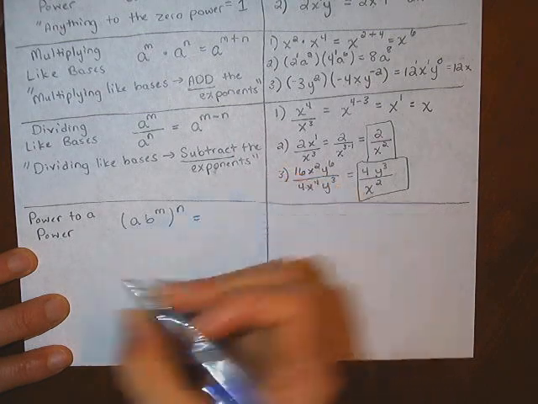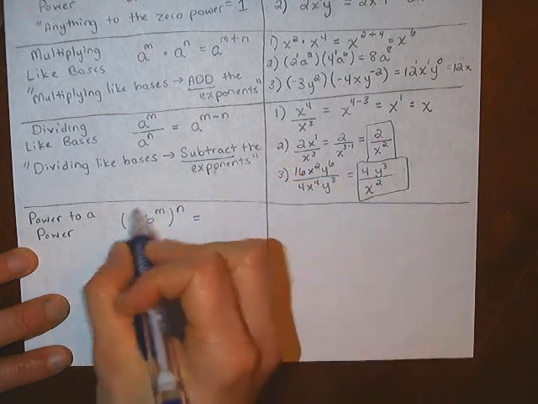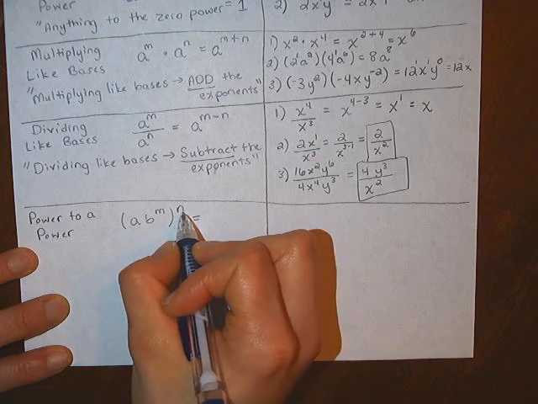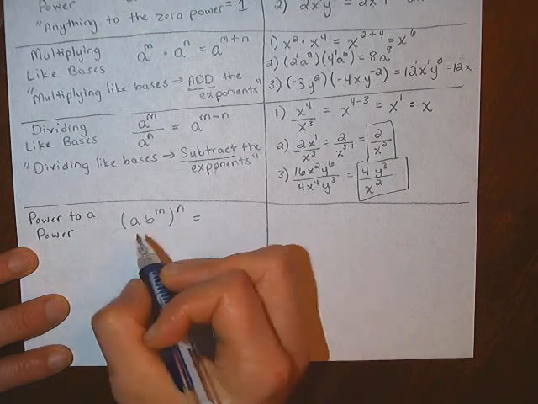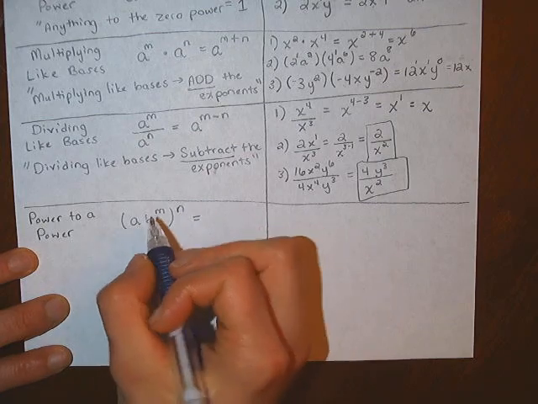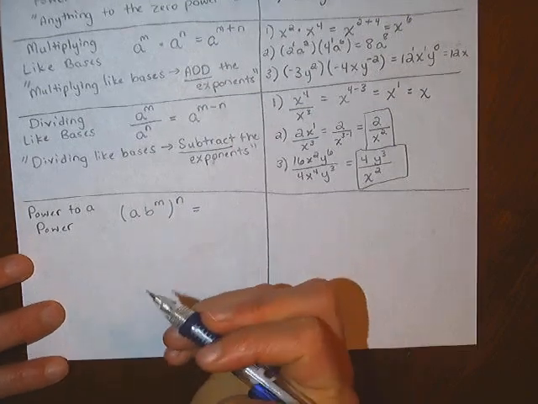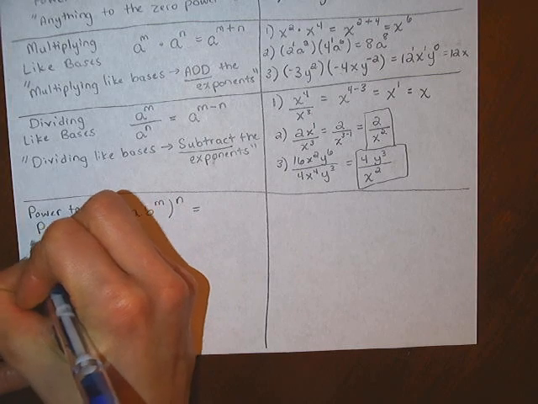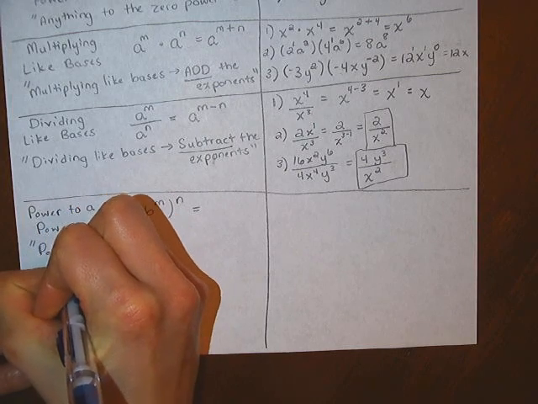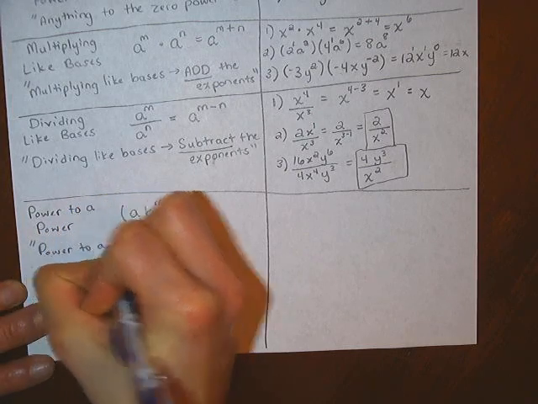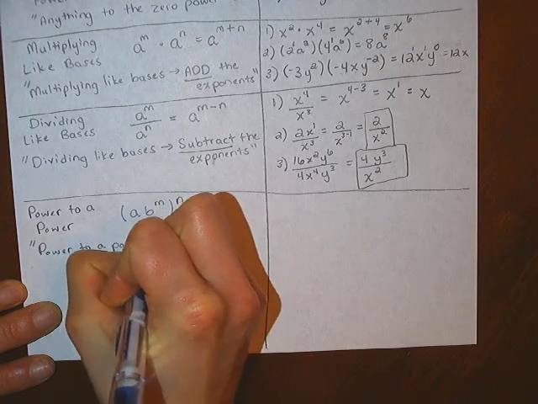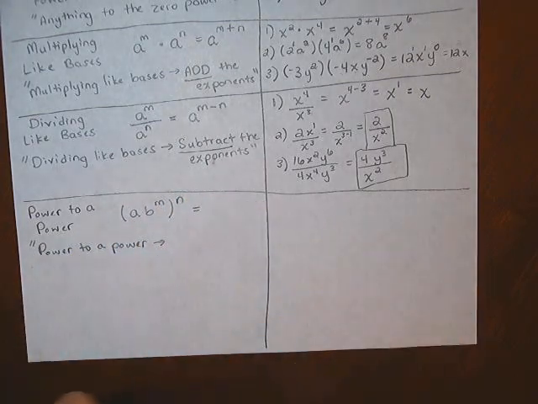That means you have a lot of stuff on the inside of parentheses to an exponent. That is a power to a power, because you technically have an exponent that's brought to another exponent. So when you have a power to a power, the rule there is you actually multiply the powers.